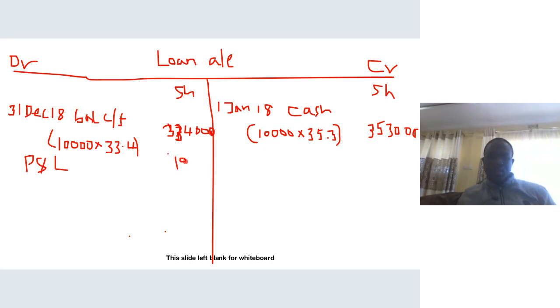Okay. So is it an exchange gain or a loss? Good, exchange gain. So this will be exchange gain.